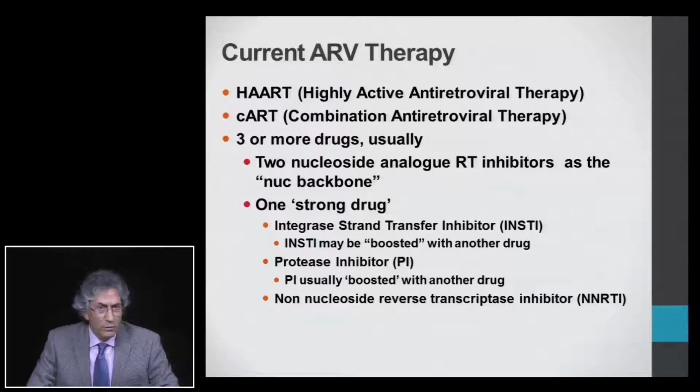And they are paired with 1 strong drug, which is often nowadays an integrase strand transfer inhibitor, which may be boosted with a 4th drug. They may be paired with a protease inhibitor, which is often boosted with a 4th drug. And less commonly, and not so much for discussion today, a non-nucleoside reverse transcriptase inhibitor.